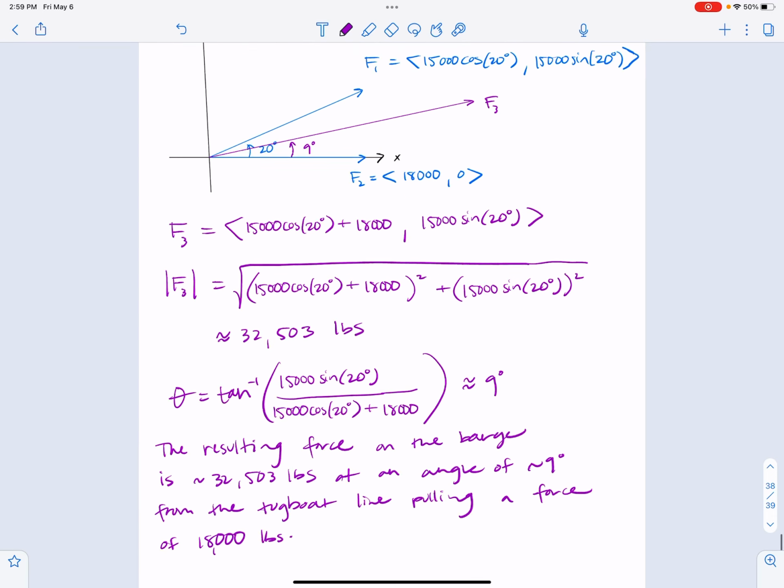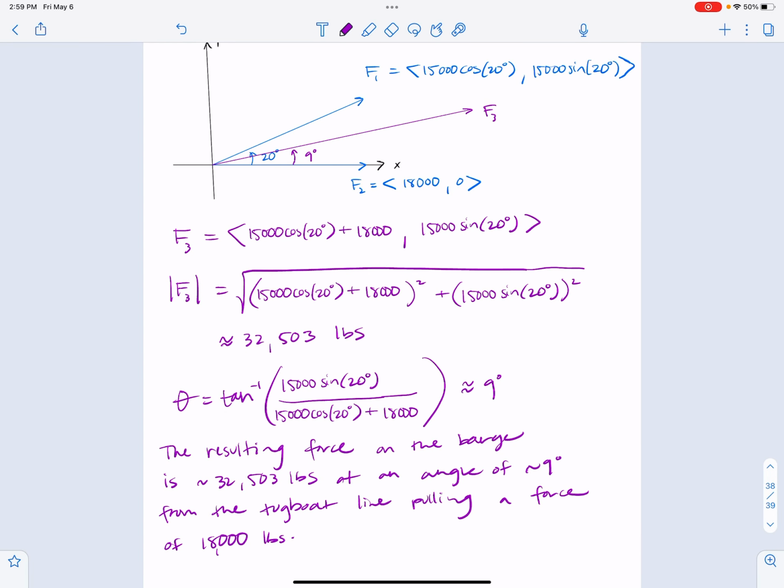So whether it's off of the first force or the second force, giving some sort of interpretation.